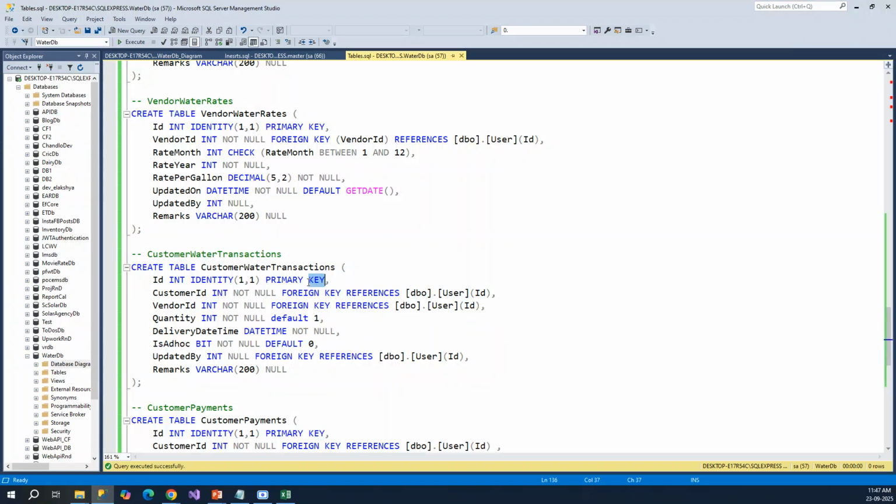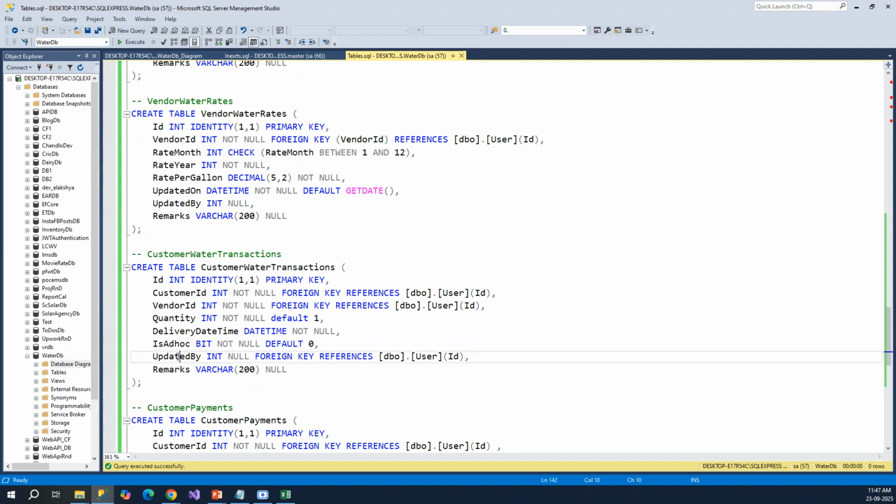In that case, the customer can request the vendor to provide more gallons, maybe 7, 8, 10, sometimes even 20. We usually have an annual function, and at that time we need more water, so we order 20 gallons of water. This can also be put down over here. So the customer order transaction is designed in such a way that it can hold the details of regular deliveries and ad hoc deliveries as well.